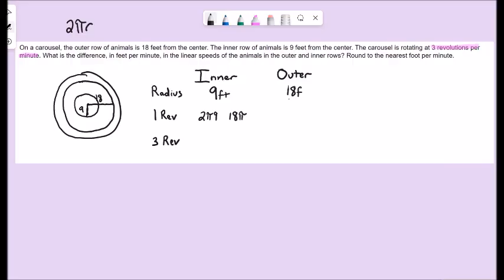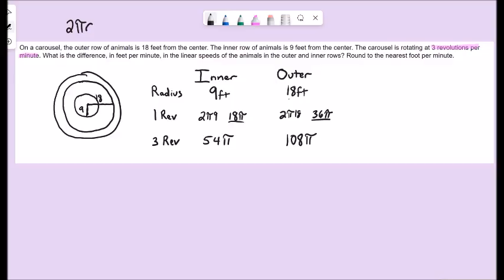Okay, now that's 1 revolution, 18 pi. So that means 3 revolutions would be 3 times that, which would be 54 times pi. Okay. Now, what about the outer? The outer would be, instead of 2 pi 9, 2 pi times 18, which would be 36 times pi in 1 revolution. For 3 revolutions, we multiply that by 3, and that is 108.